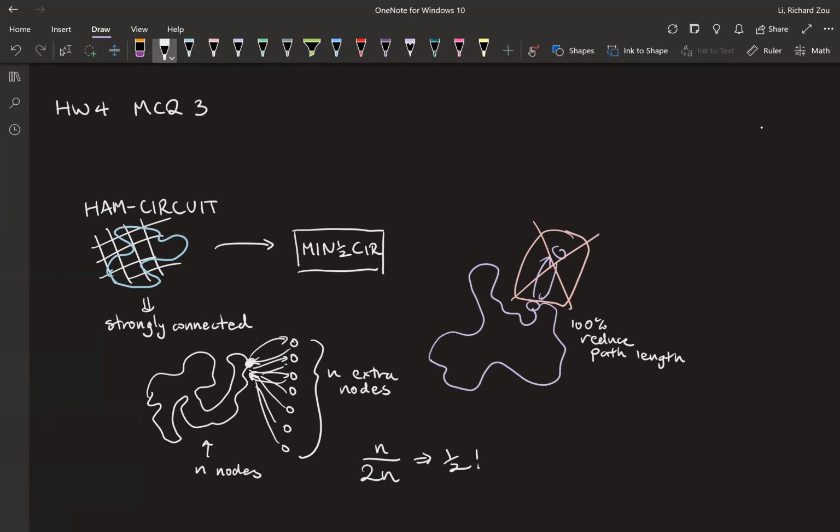No matter what. Now, because this will reduce the path length, this means that our black box of finding the minimum circuit that visits 1/2 nodes or more is always going to never include these edges, this path.